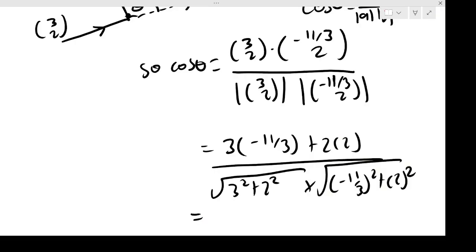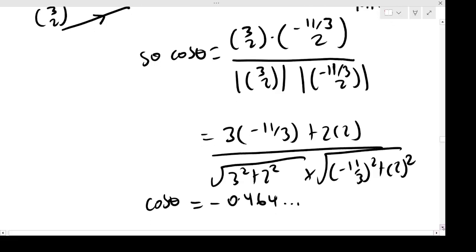If we simplify this, we get cos theta to be minus 0.464, and so on.